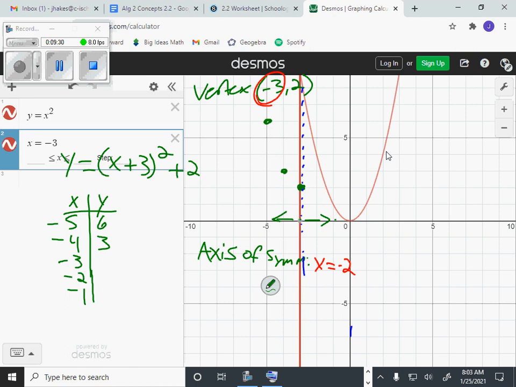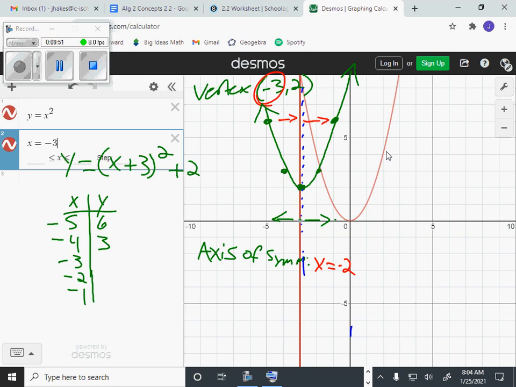Now, do I even have to think mathematically for the other ones? No, because I know 2, 2, right there. 3, sorry. 1, 1, there's our graph. Looks something like that.